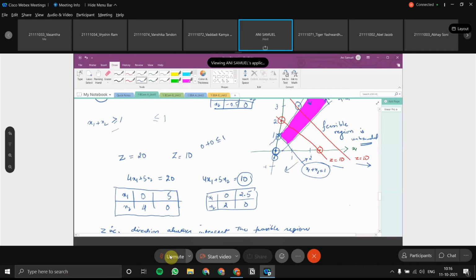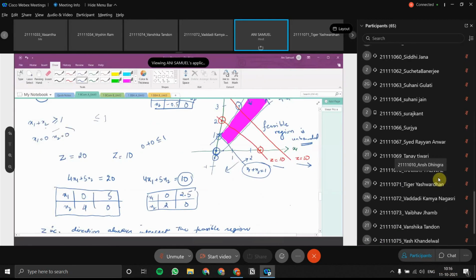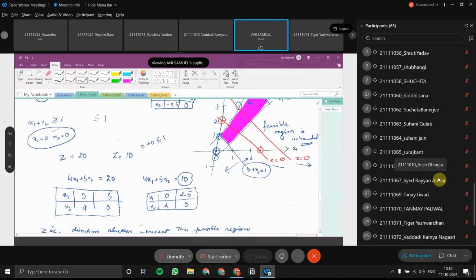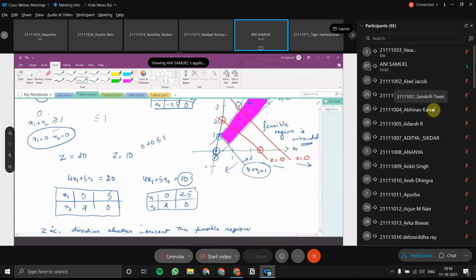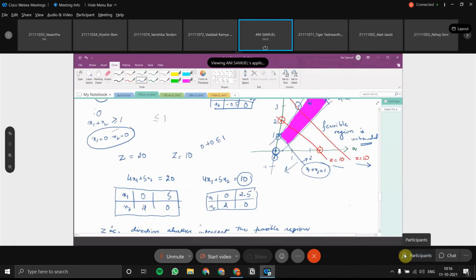Now I'll take any point. When the line is not crossing the origin, let's take 0, 0 itself. Let me take x1 as 0 and x2 as 0. What will I get? 0 plus 0 is 0. Now tell me whether it is greater than 1 or equal to 1.